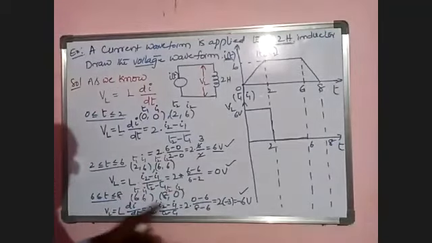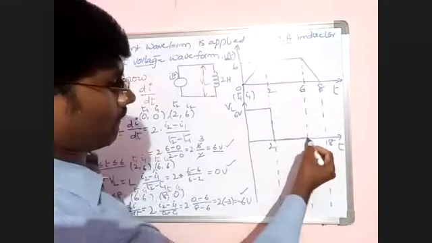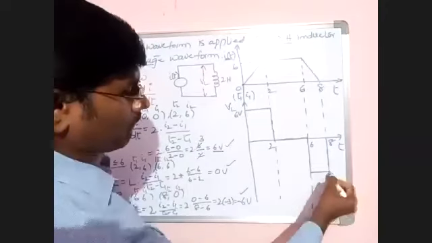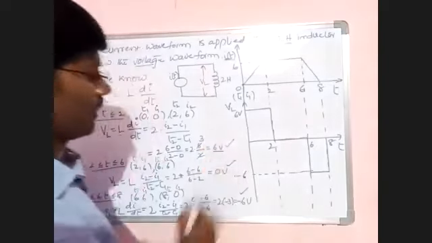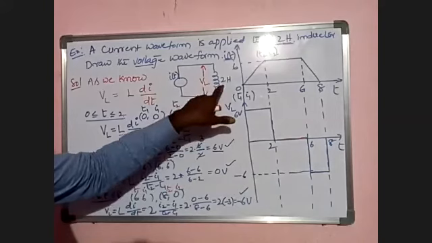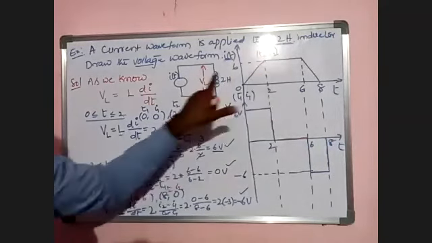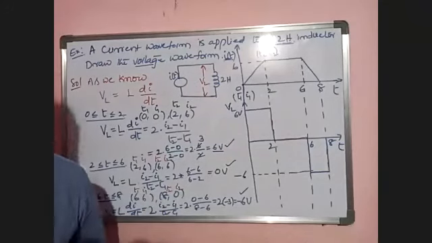From 6 to 8, it has minus 6 volts. So this is the output voltage across the inductor when you give this as input to the 2 Henry inductor.